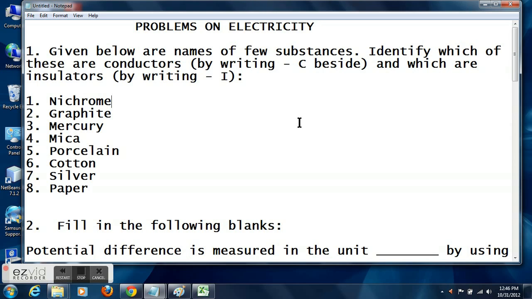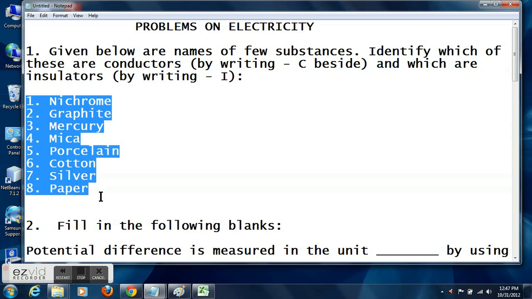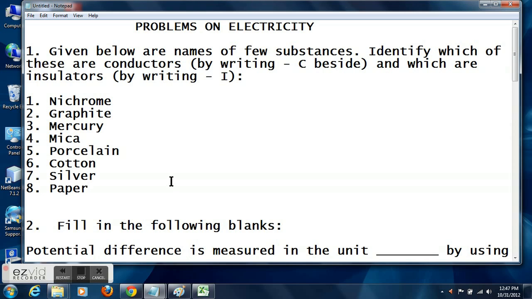The substances are nichrome, graphite, mercury, mica, porcelain, cotton, silver, paper. So these are the 8 substances against which you have to write whether they are conductors or non-conductors, that is insulators. Insulator and non-conductor are actually same.